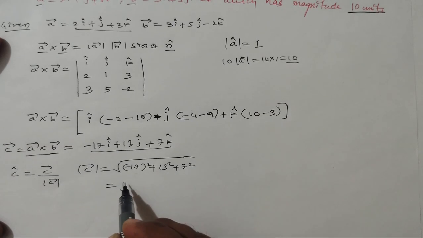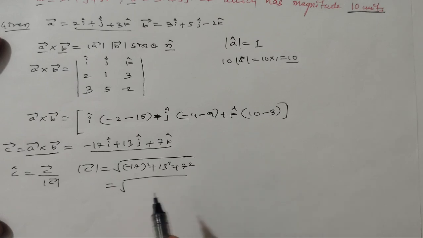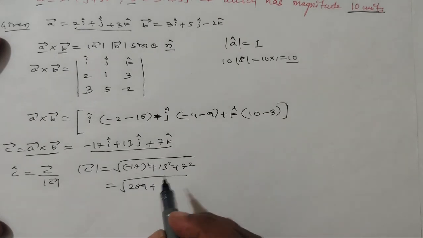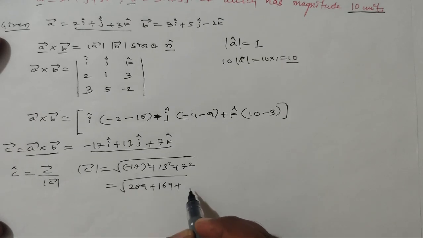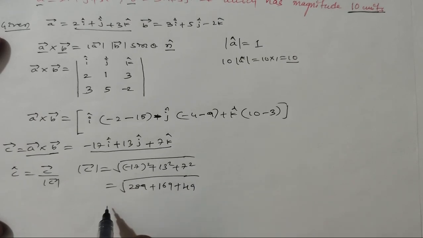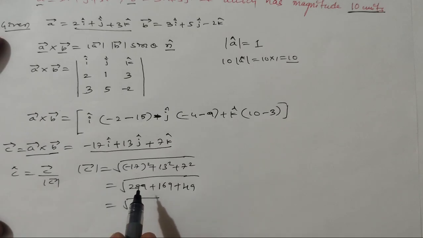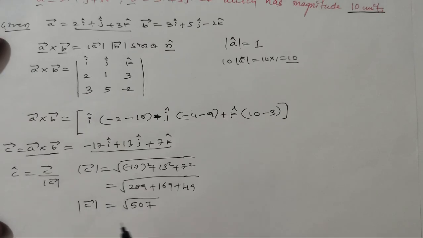What is 17 square? 17 square is 289, right? 289 plus 13 square is 169, plus 7 square is 49. So add these values: 289 plus 169 plus 49 equals 507. So the magnitude of c is root 507.